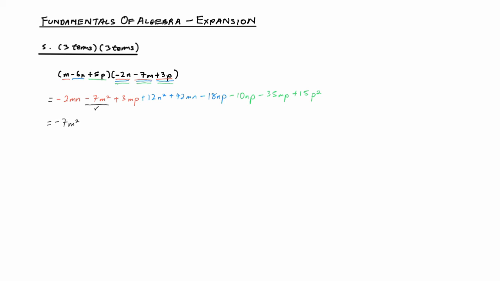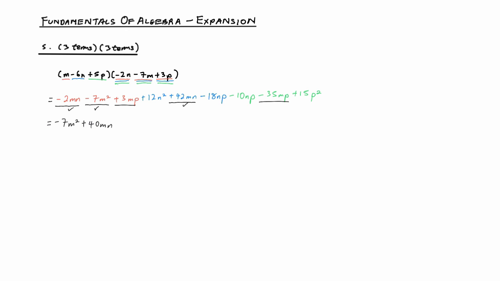Then we deal with the combinations. So we have mn and mp. n comes before p, so we deal with mn first. There's one here, then there's one here. So you have minus 2 plus 42, which will give you plus 40mn. That's done. Now we do mp. One here and one here.